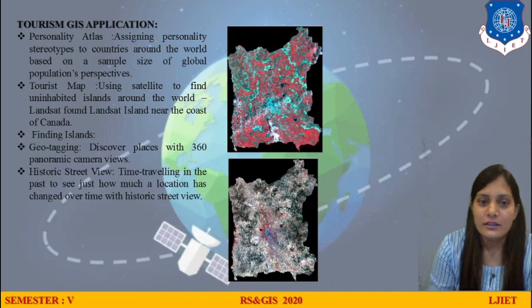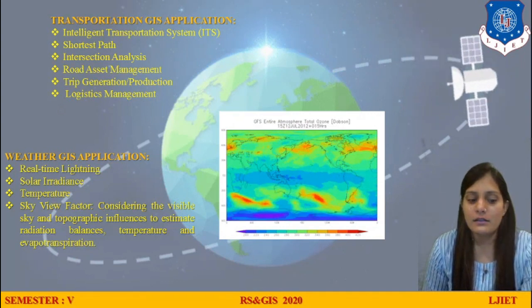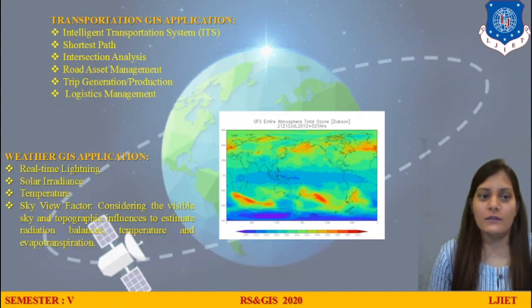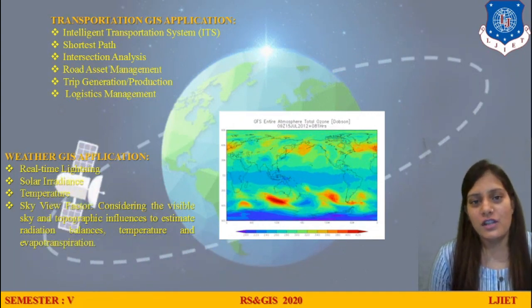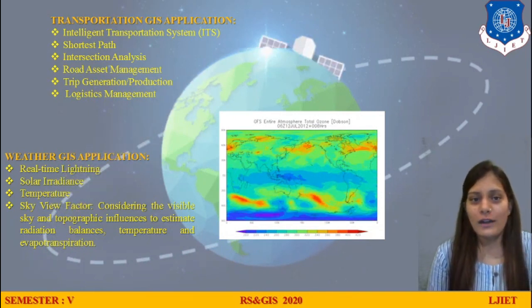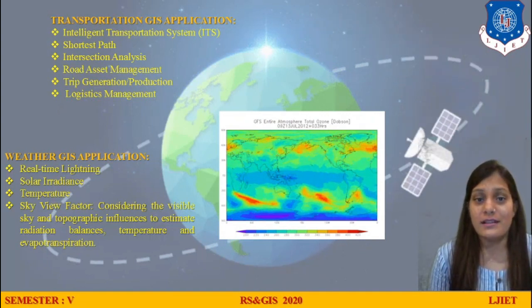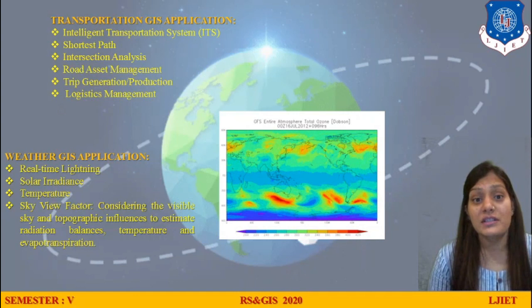Now moving further, that is the transportation GIS application. Here we are going to discuss the transportation GIS application and the weather GIS application, right? In transportation, we all know that we have the BRTS system, the AMTS system, the GSRTC system, and an artificial intelligent transport system is coming up right now.